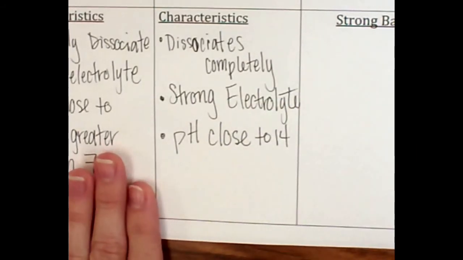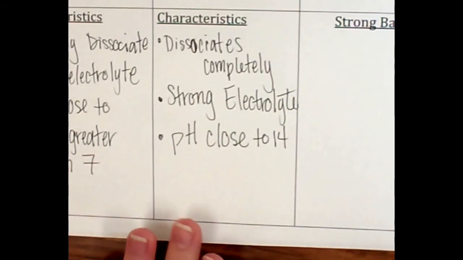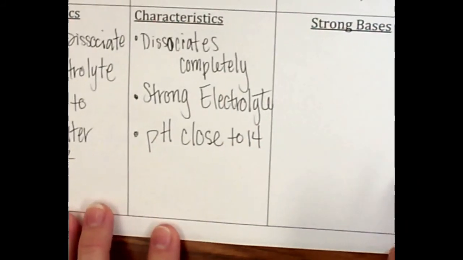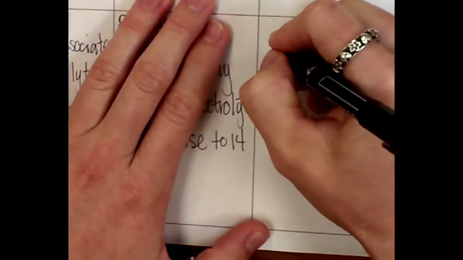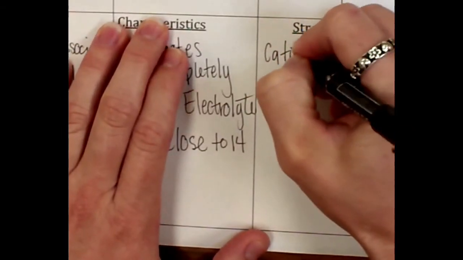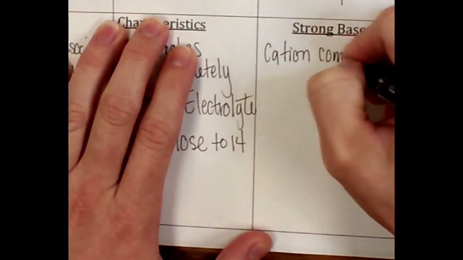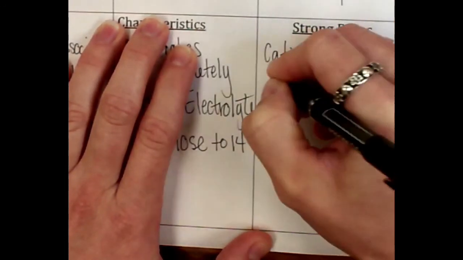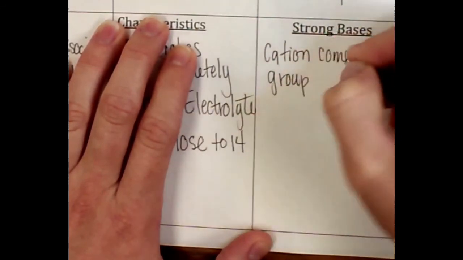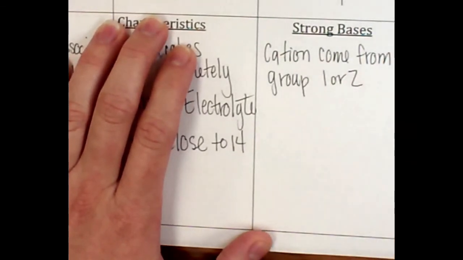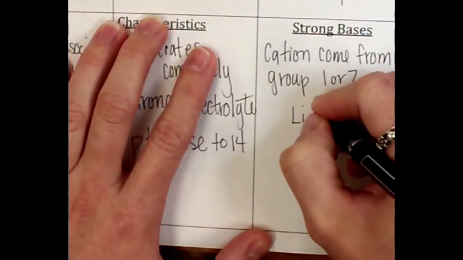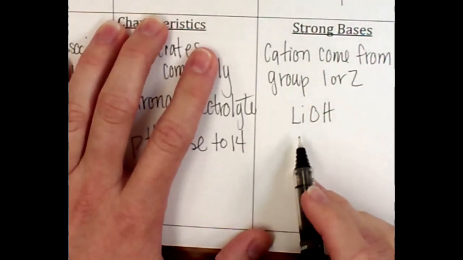Since we're not going to list every strong base from group 1 or group 2, we'll give you a brief list. Remember, your cation must come from group 1 or 2 for it to be a strong base. Our first one is LiOH.